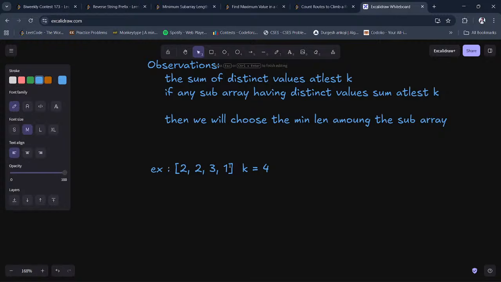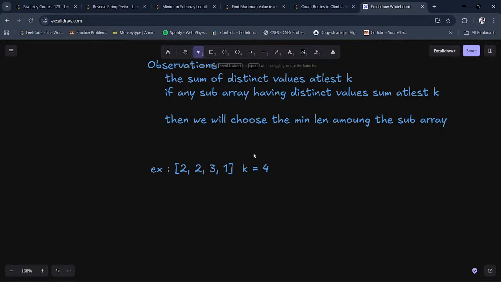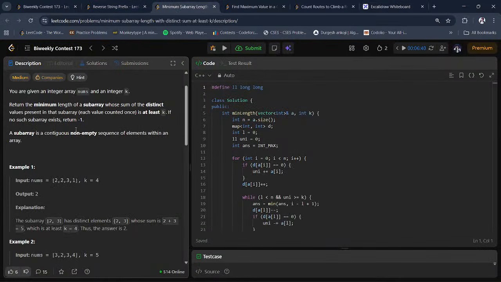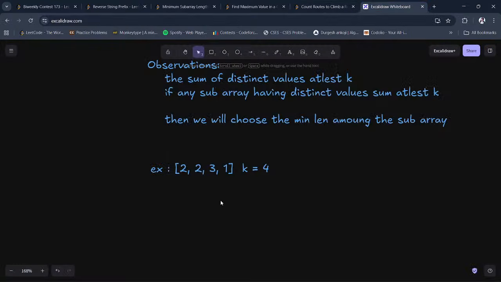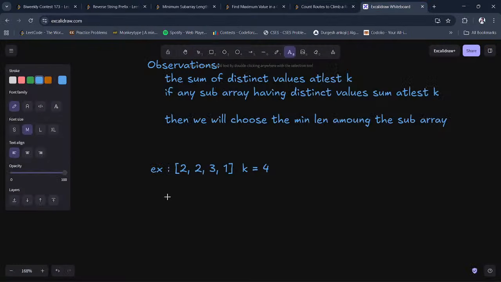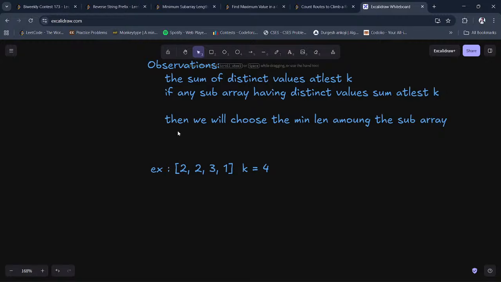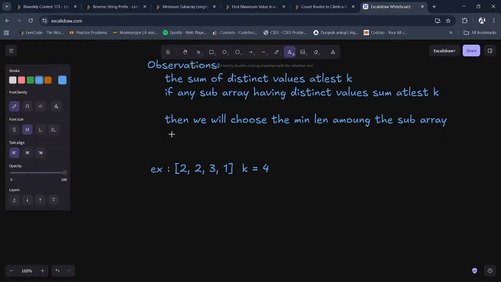So the total sum is 2 plus 3, 5, 5 plus 1, 6. We also need to print a minus 1 condition. So when will it happen? In the observations I will write when we can say minus 1.